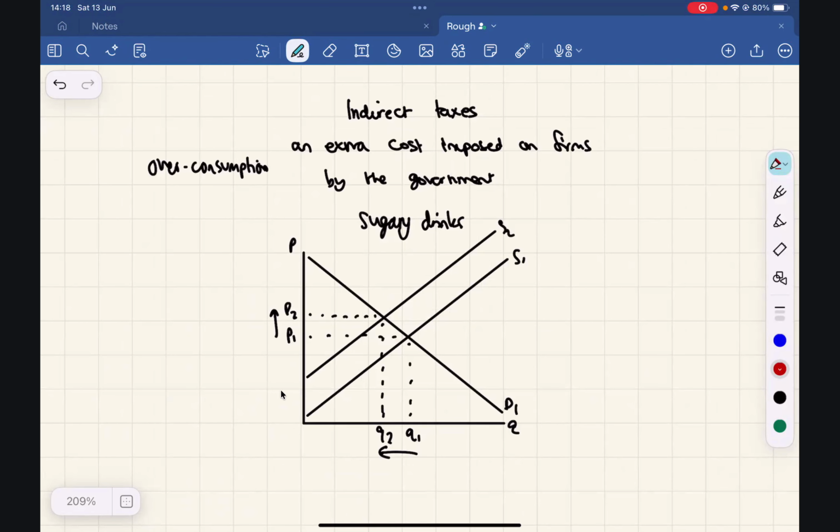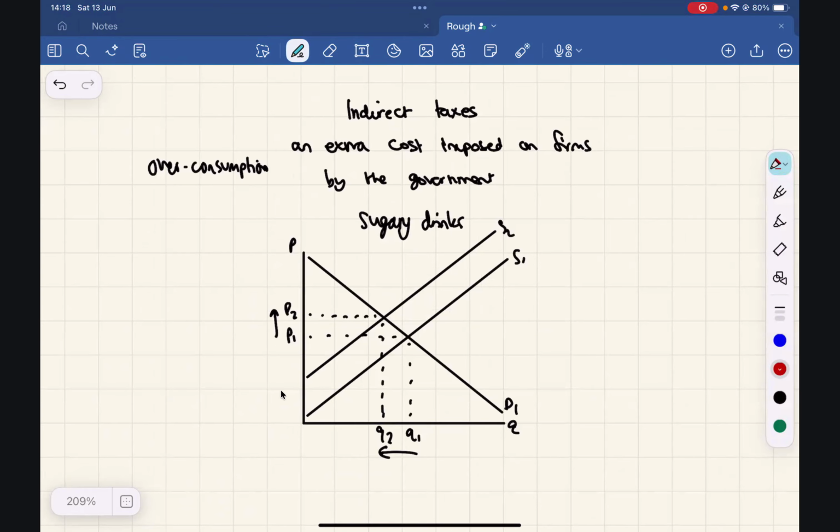The idea was that people are drinking Coca Cola and Fanta and Red Bull, but they were drinking the ones with sugar in them. Because of the tax, the ones with sugar became more expensive. So now, if you tried to buy Coca Cola, the red one, they would be way more expensive than Coke Zero or Diet Coke.